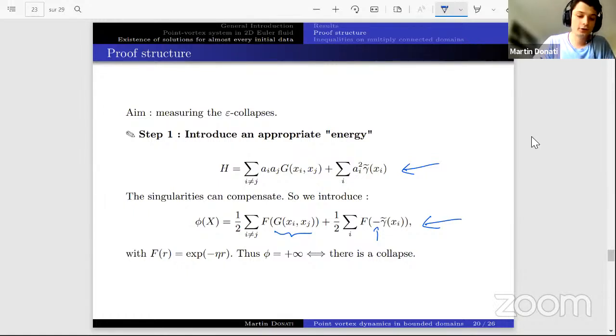So this energy, when we take the right f here, which is an exponential for technical reasons, goes to infinity if and only if there is a collapse, either 2 points colliding or more points colliding, or a point going to the boundary. Okay, so now this what I call energy, which is probably not a formal energy, but this threshold map phi measures efficiently if there is a collapse or not.